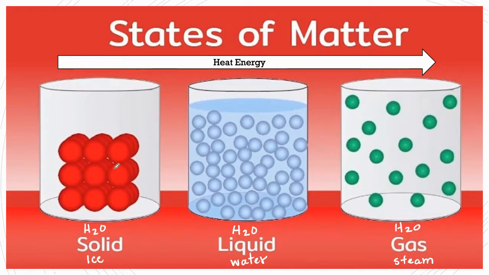Well, if we add a little bit of heat to these particles, what's actually happening is that heat is a form of energy, and that energy is absorbed by those particles as you start to heat it up. And these particles, when they absorb this energy, can't sit still and they begin to vibrate and bump against each other and move apart.